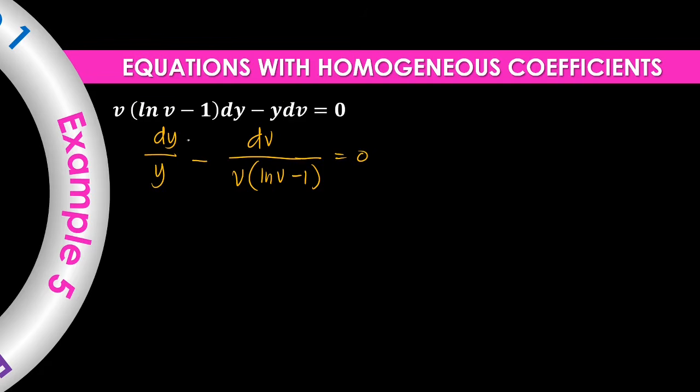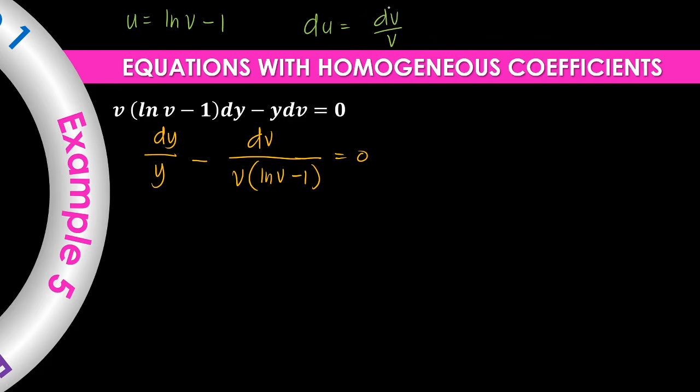Okay, it's easy to integrate this. This will give us ln of y. But how about this term? If I let ln of v minus 1 be equal to u, then my du will be dv over v, and this term will be 0 because the derivative of a constant is 0.